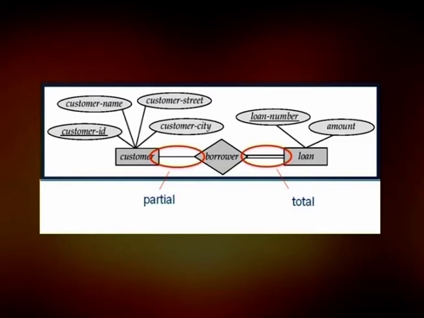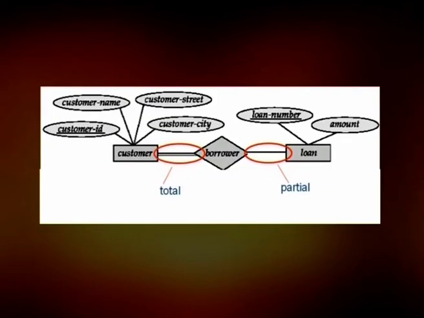This figure specifies that some customers may not borrow any loan, whereas every loan must be borrowed by at least one customer. Look at this figure. What can be implied from the participation constraints in this relationship?